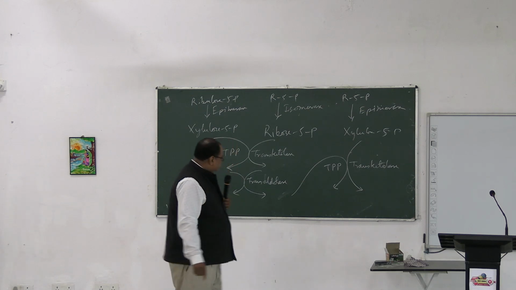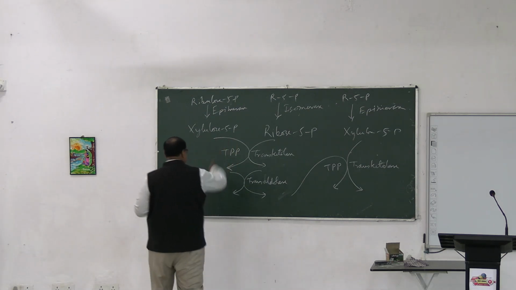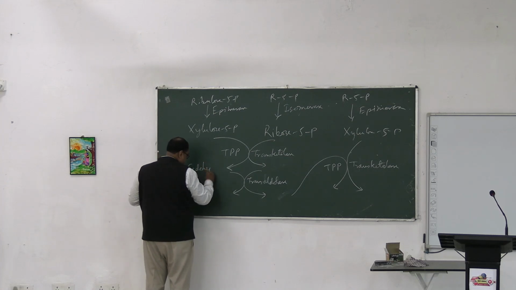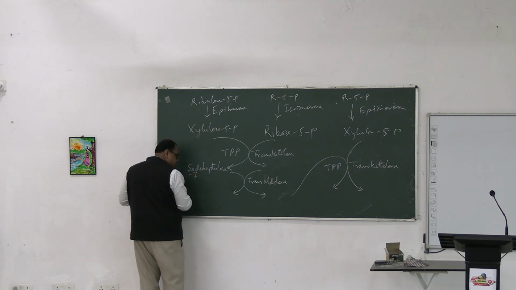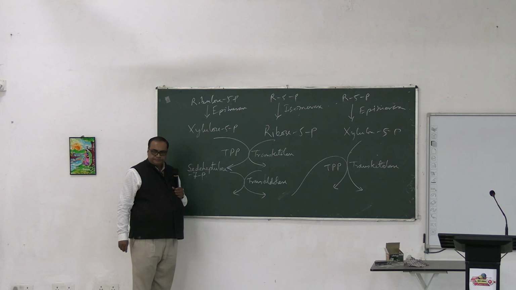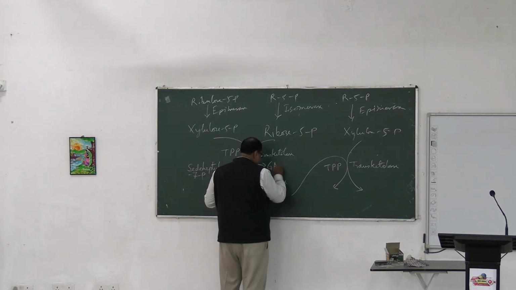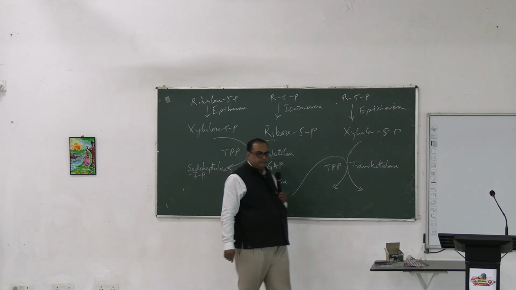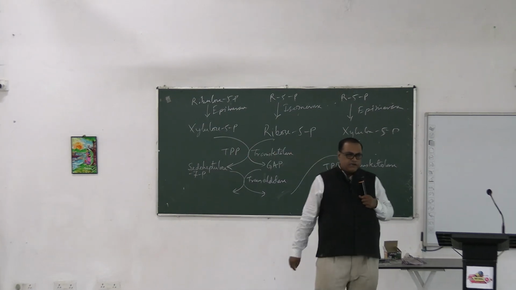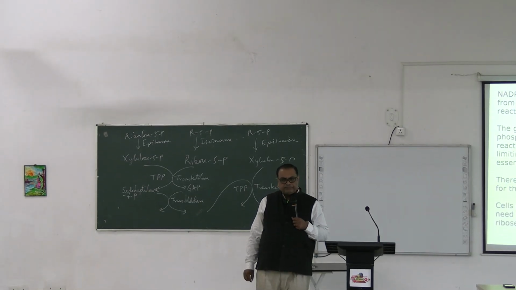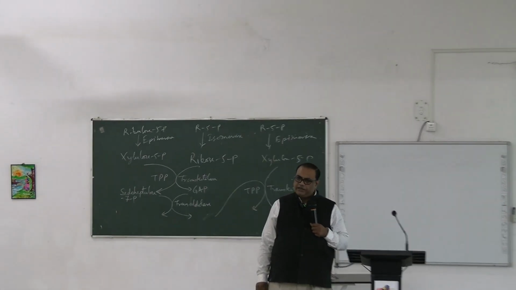So the keto group from xylulose is transferred onto ribose to form sedoheptulose 7-phosphate, and this will be glyceraldehyde 3-phosphate. Clear? 5 plus 2, 7; 5 minus 2, 3.